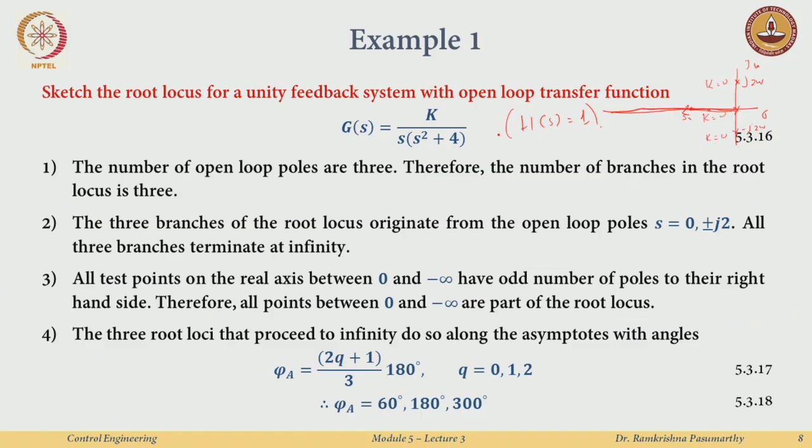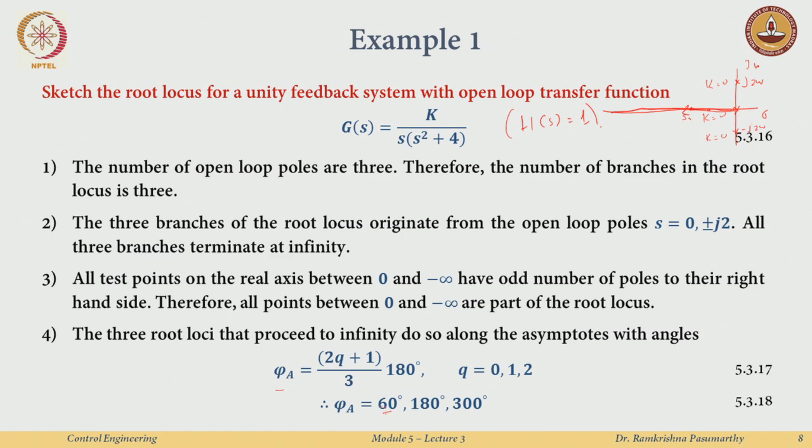Okay, so what about the other 2 branches? This one goes to infinity along the real line, because the entire negative real axis is on the root locus. Now, how do the other branches go? I look at what kind of angles they make. The angle is computed as (2q plus 1) times 180 over 3.